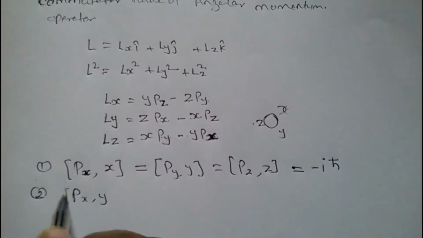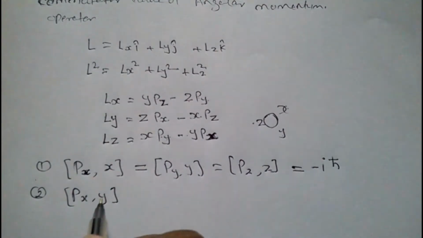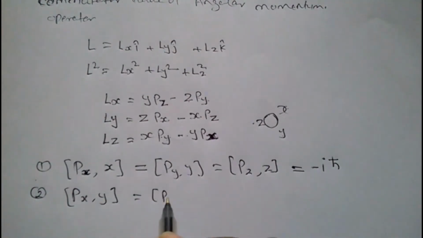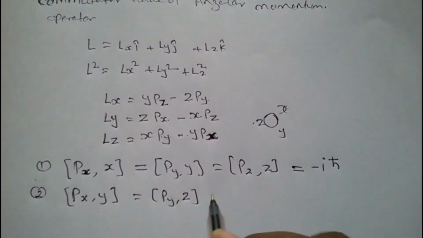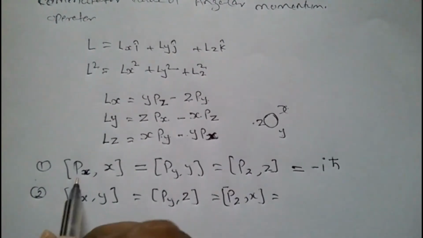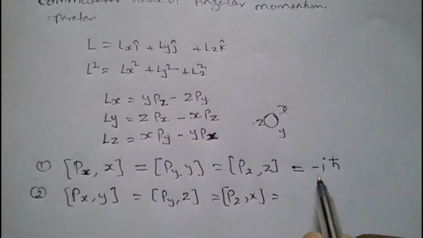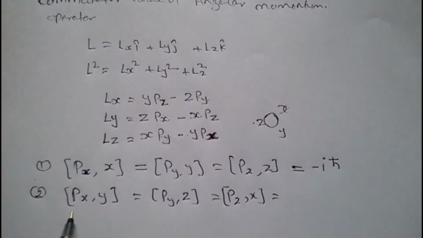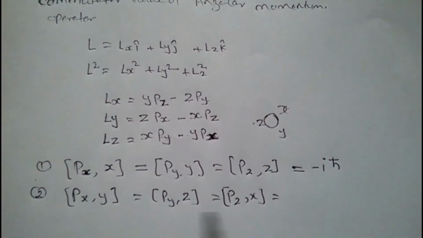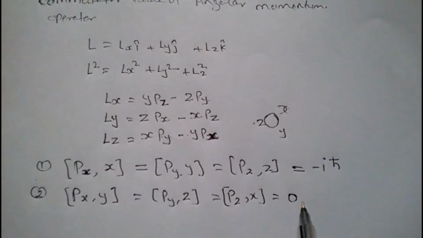So when the linear momentum and the position are with the same axis, we have the value minus i h cross, and linear momentum and position with a different axis commute, the value is 0.